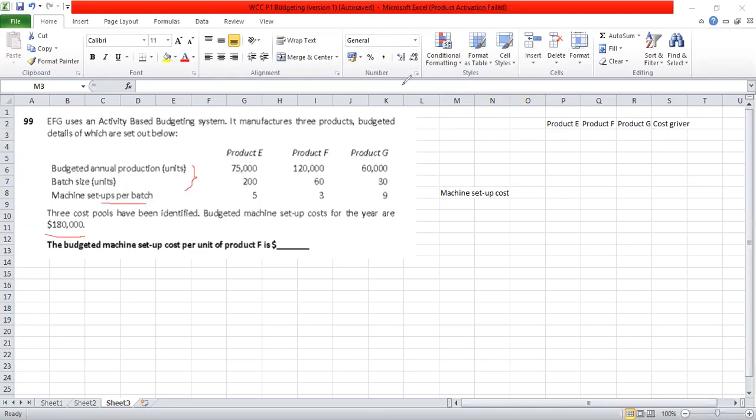So that gives us the number of batches. Then we have batch size.